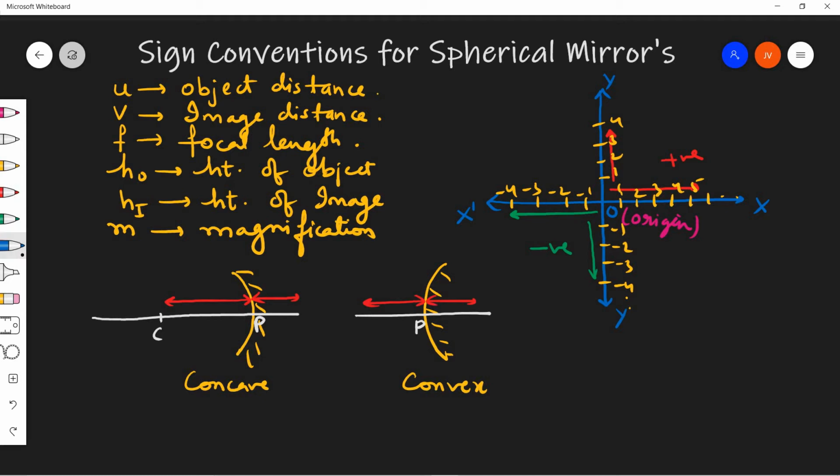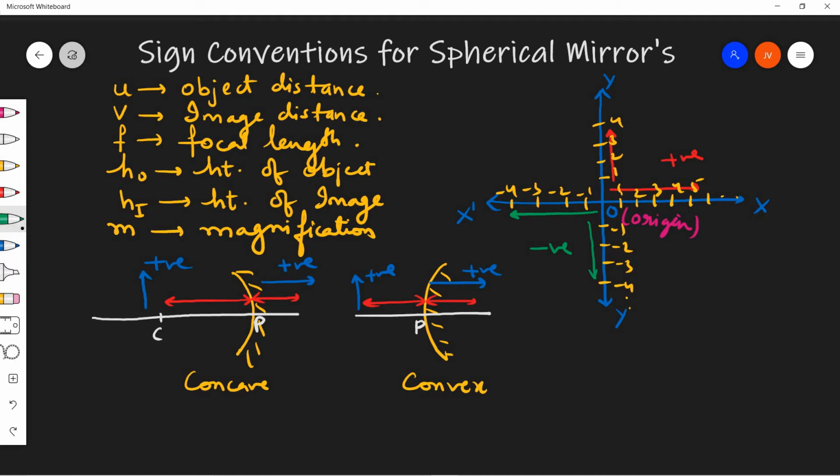And all distances above principal axis and to the right side of the mirror are taken positive.